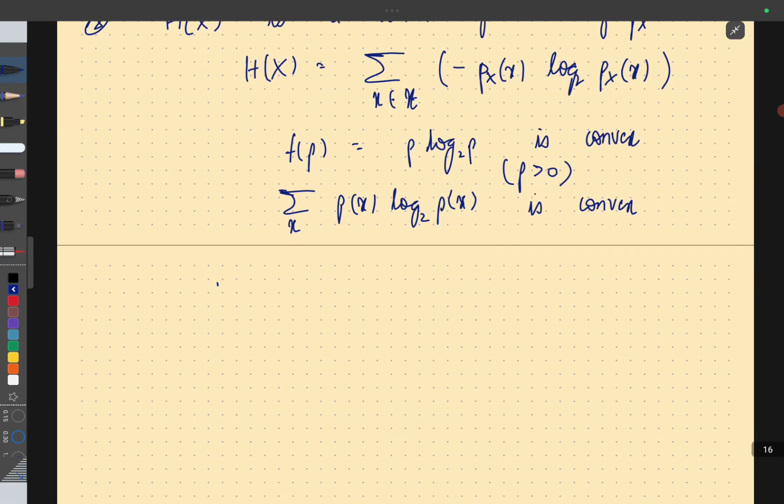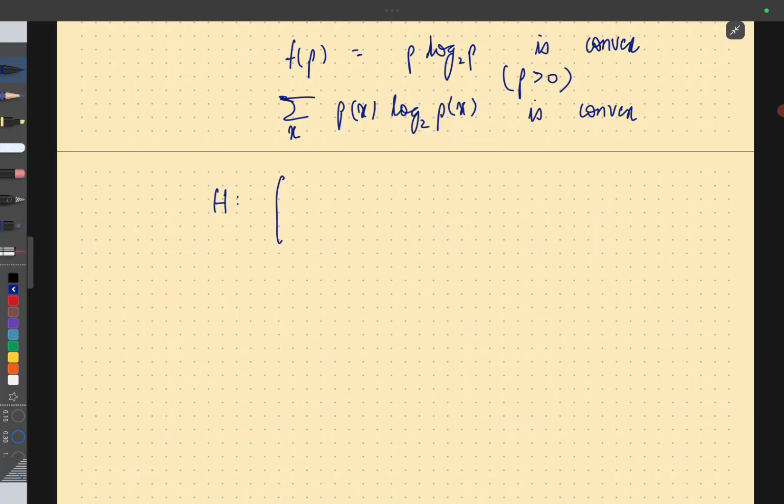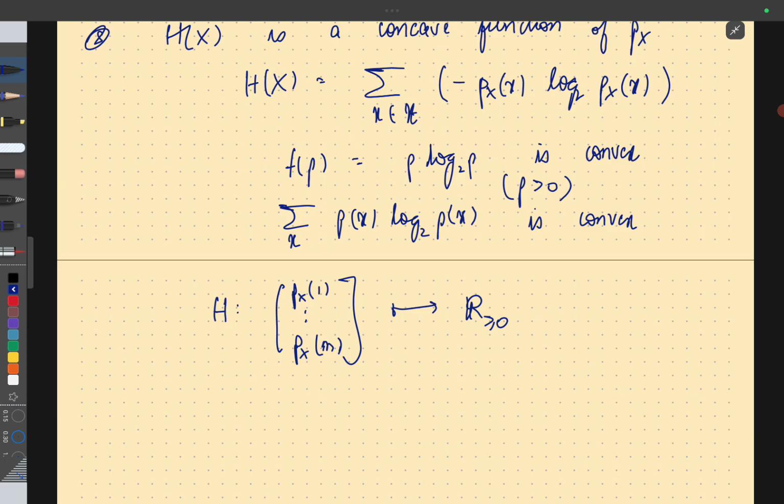So the entropy is effectively a mapping from p_X(1) to p_X(m), where m is the size of the alphabet. Since p of x log p of x is convex, the negative of this is concave. So the entropy is a concave function.